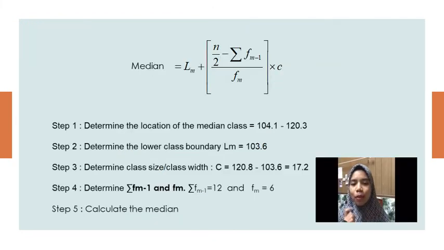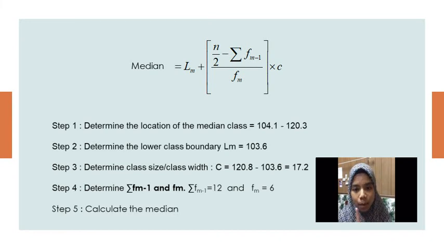This slide provides the formula of the median. The formula of the median is Lm plus bracket n divided by 2 minus the Greek capital sigma F sub m minus 1 divided by f sub m close bracket times C. We should follow the steps to get the solution of the median.